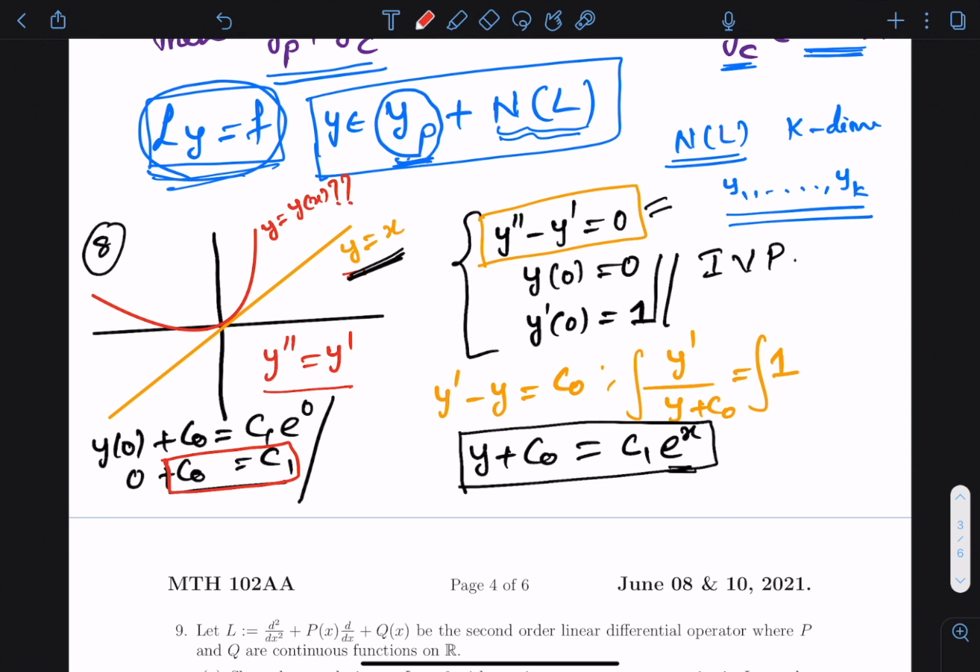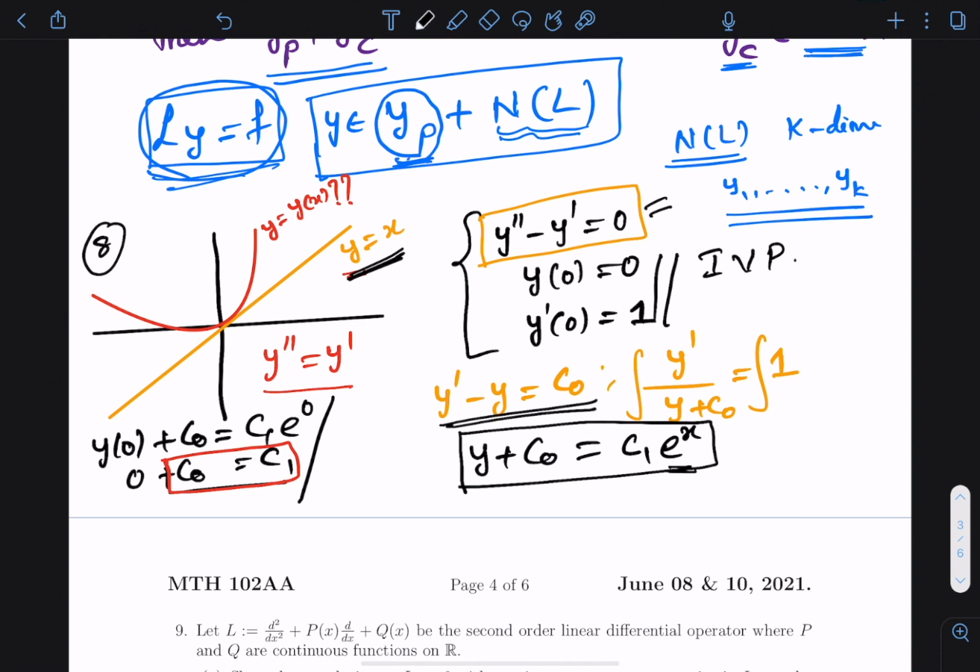Now the second condition is going to give you y prime. So let's differentiate this. Okay, we can even use this information here.